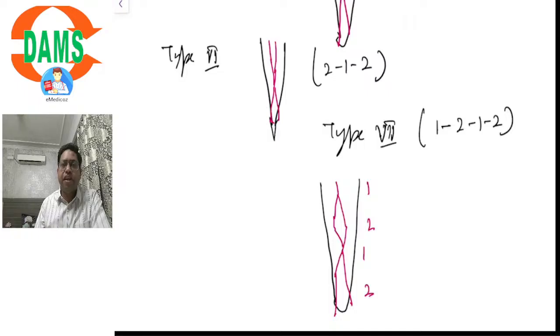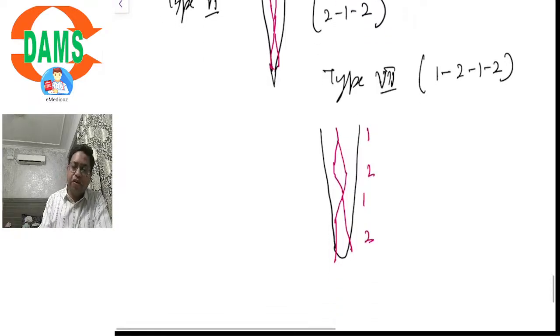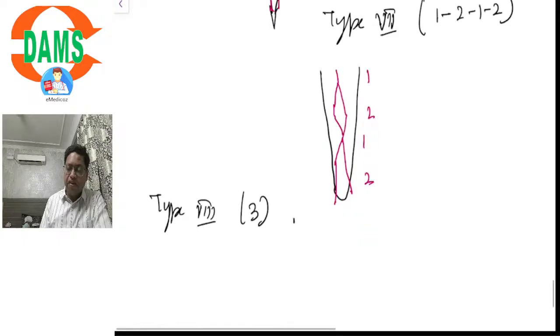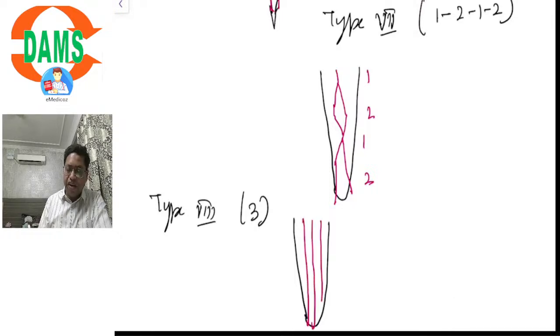Quite a complex root canal anatomy. And finally, type 8 is represented as 3. It means in the root of a tooth, there would be three orifices through which three separate canals originate and terminate as three separate apical foramina.